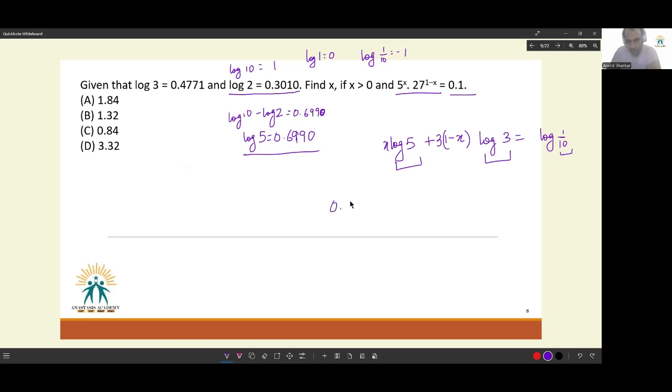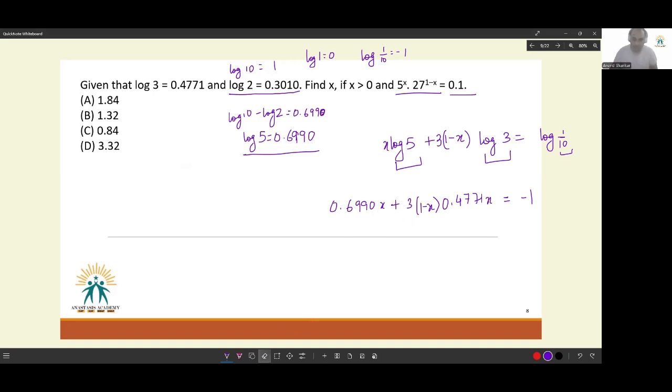I will have 0.6990x plus 3 times of 1 minus x into 0.4771 is equal to minus 1. Okay.